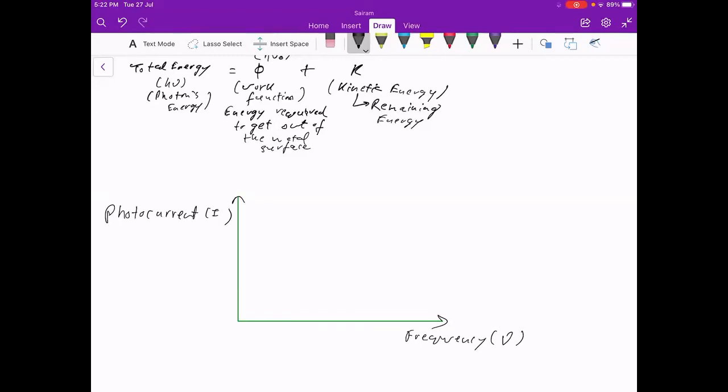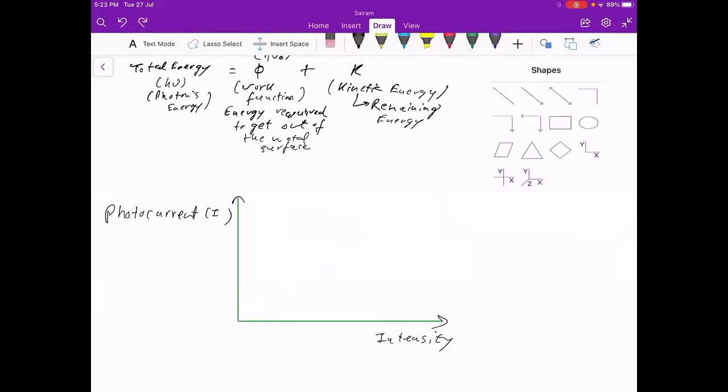Okay, sorry, not frequency, intensity. We'll talk about frequency also in a while. The intensity of light versus the photocurrent is actually a straight line graph. Nothing but a straight line. The reason behind that being, I'll explain.